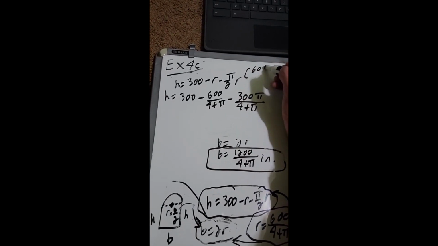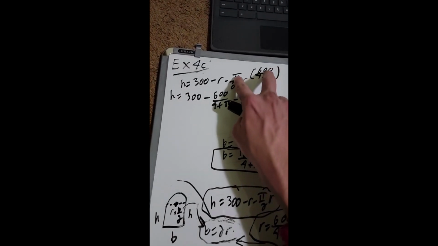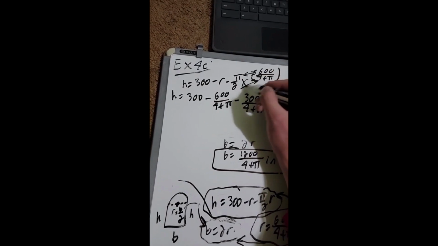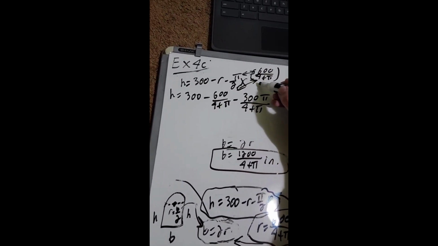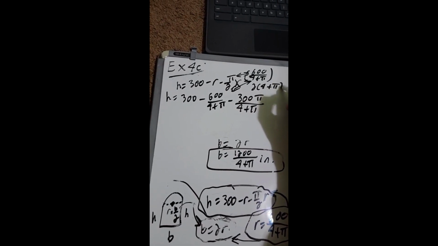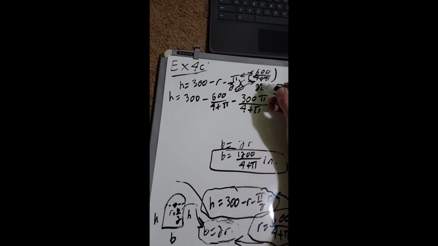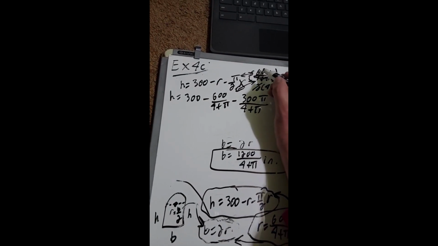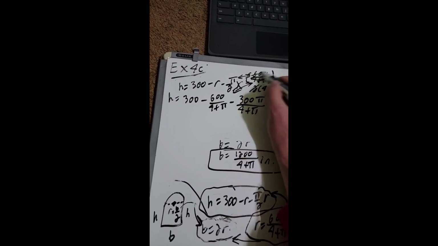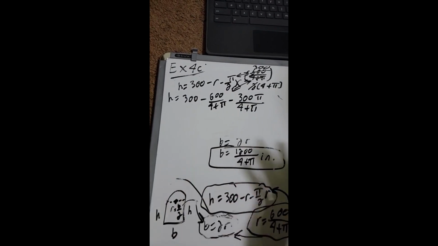Written out, this is 600 over 4 plus pi. So these would multiply across. So you'd end up with 2 times 4 plus pi, and this being under this. So your 2 can cancel out with a 2 that you can factor out here. You'll end up with 300.